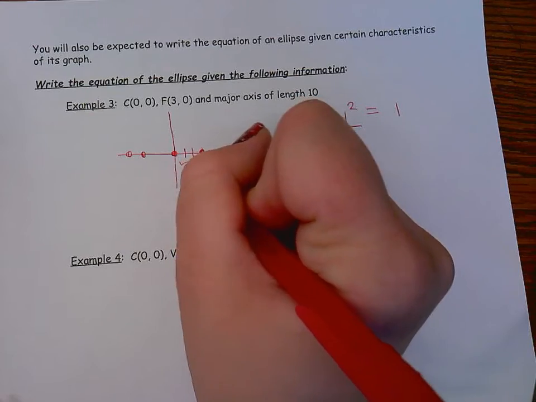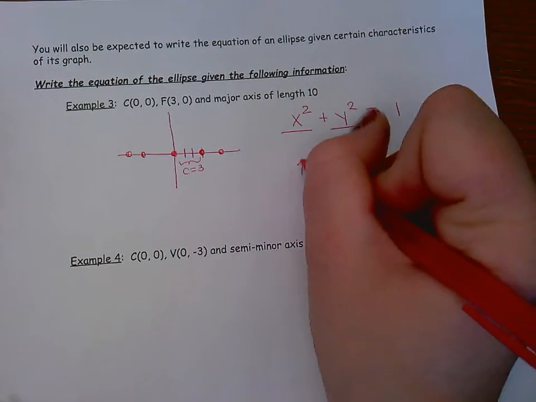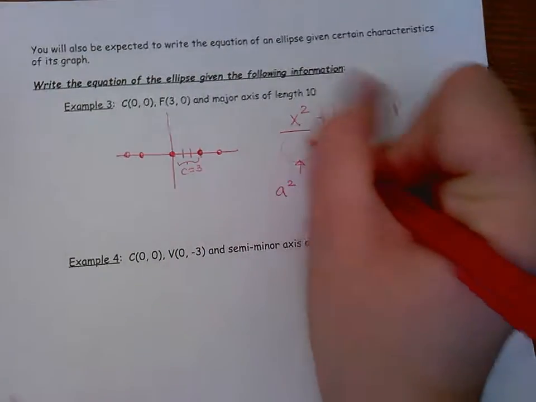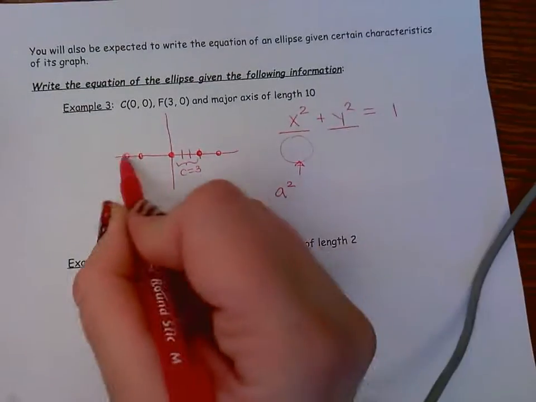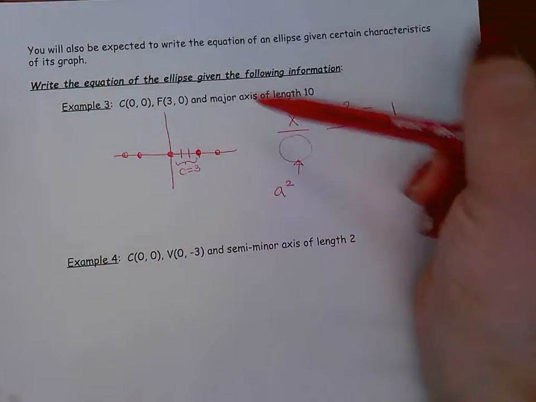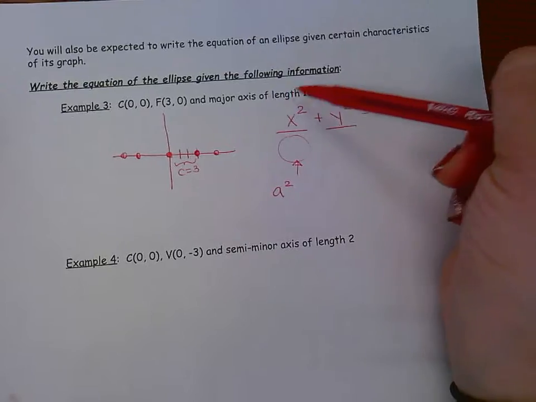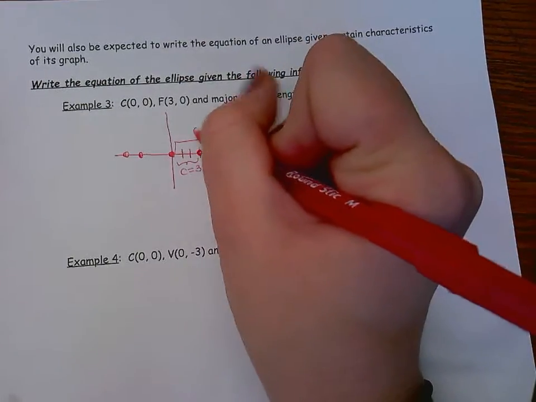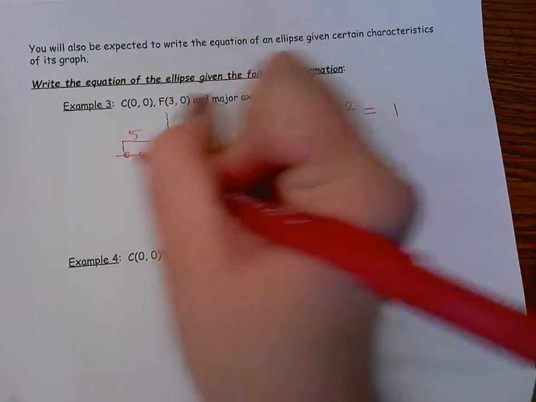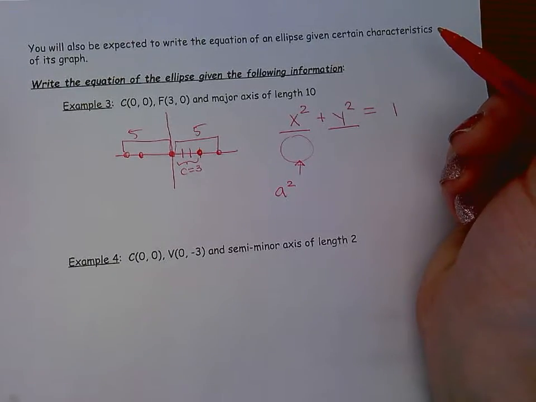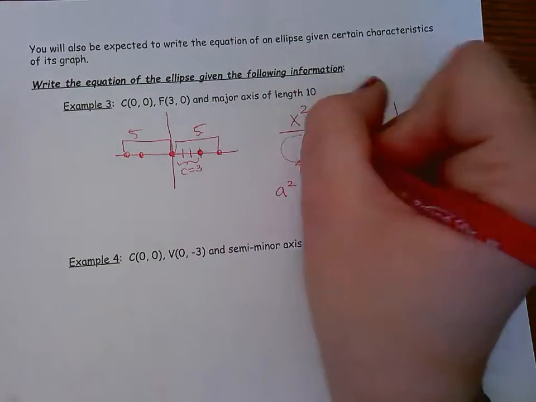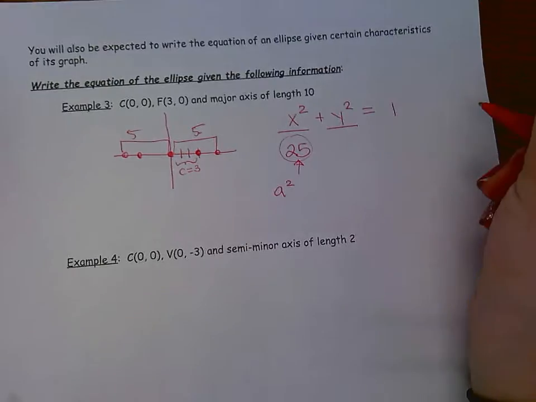And c is 3. So a squared is going to go under x squared in a minute because this is the major axis. Oh, and it tells me the major axis has a length of 10. So that tells me that this is 5 and this is 5, so that the whole length of the major axis is 10. If a is 5, then a squared has to be 25.